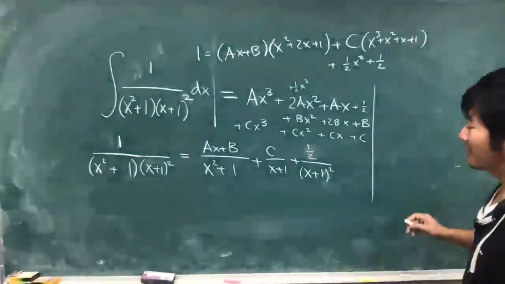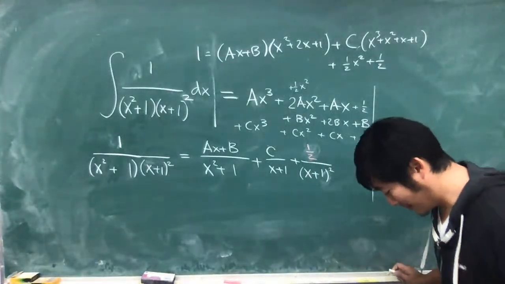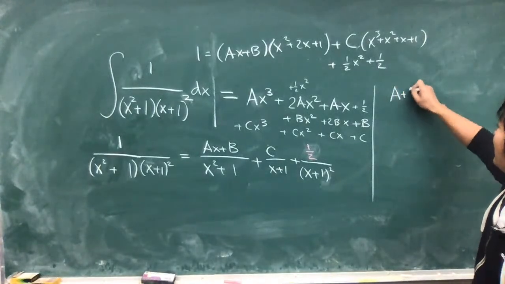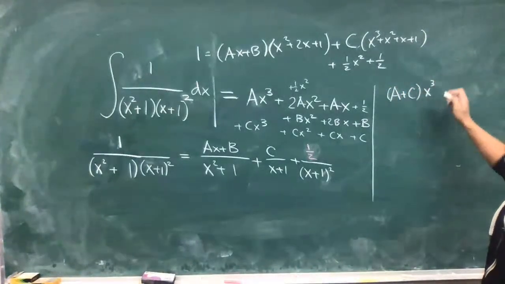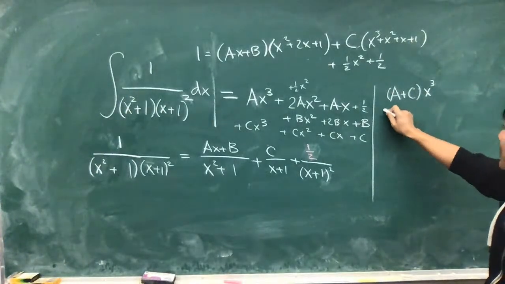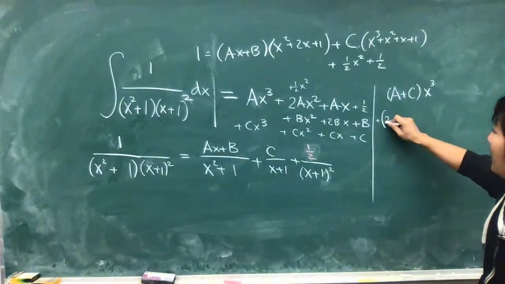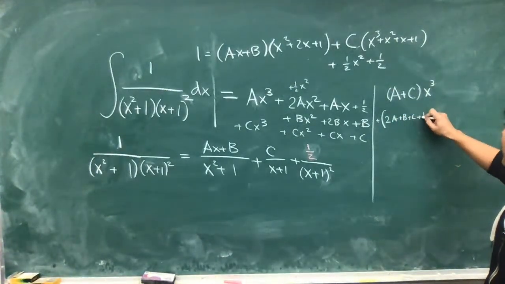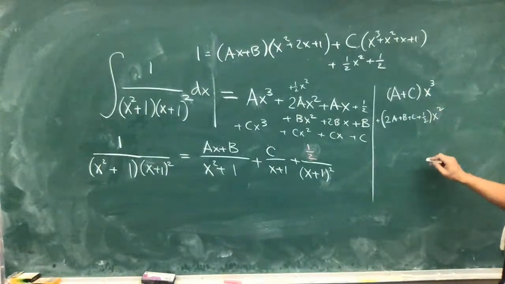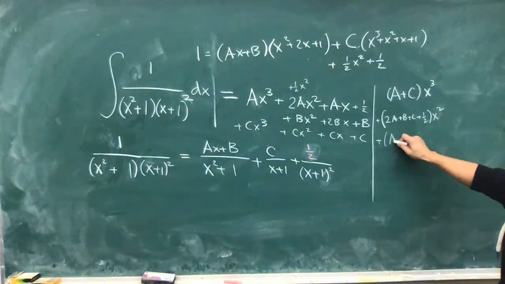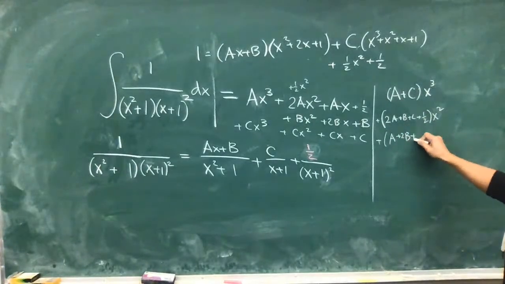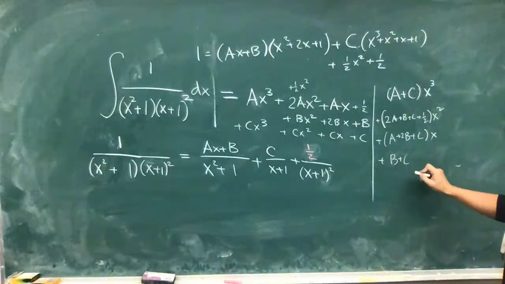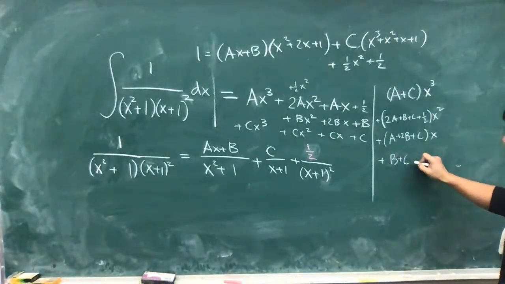So if we collect the terms, we're going to get a plus c x cubed plus 2a plus b plus c plus 1/2 x squared plus a plus 2b plus c times x plus b plus c plus 1/2.